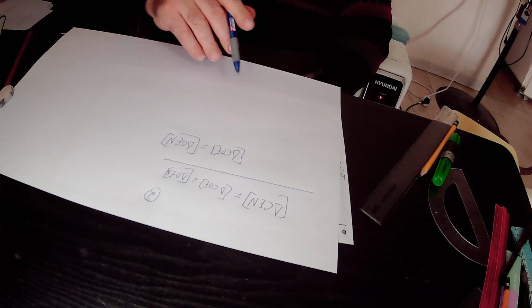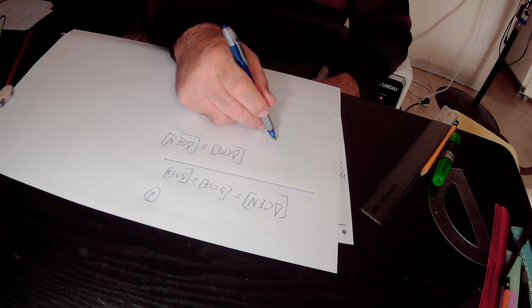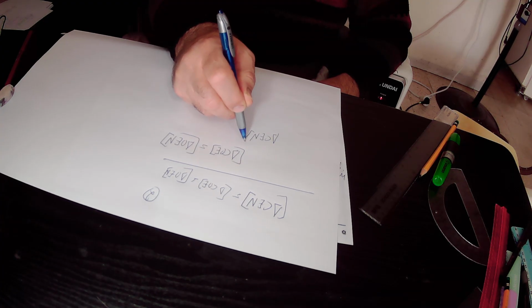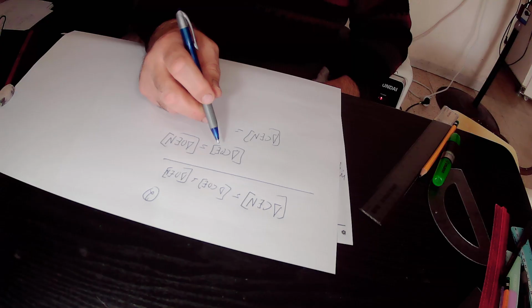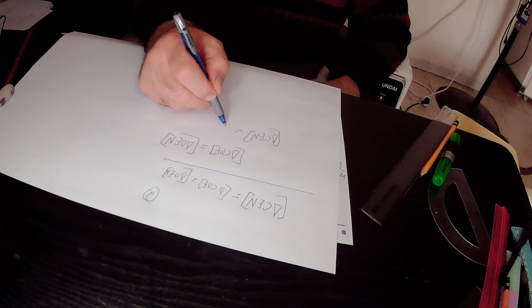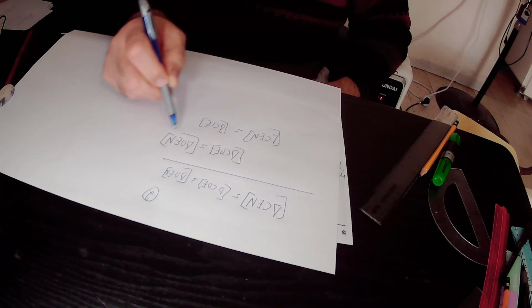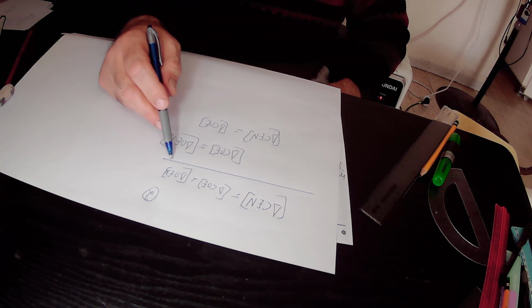So in total, we get that the area of the big triangle CEN equals the area of the green triangle COE plus the area of the lower triangle OEN.